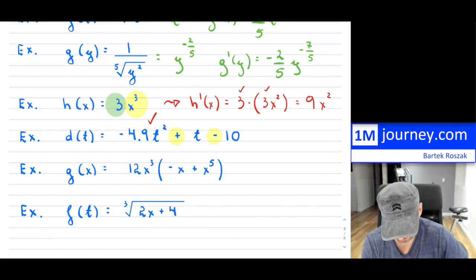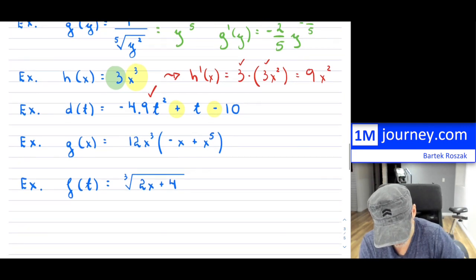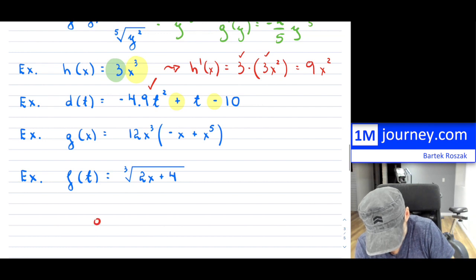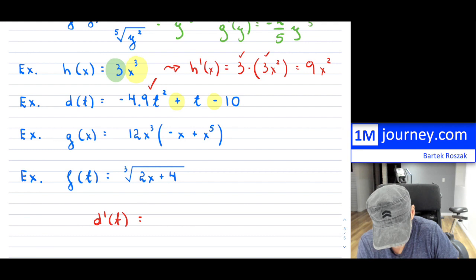So for instance, the derivative of this, which I'm going to write there towards the bottom, the derivative of d, is equal to, so now we take the negative 4.9, so notice I have a constant there in front, times the 2, which is going to be negative 9.8.